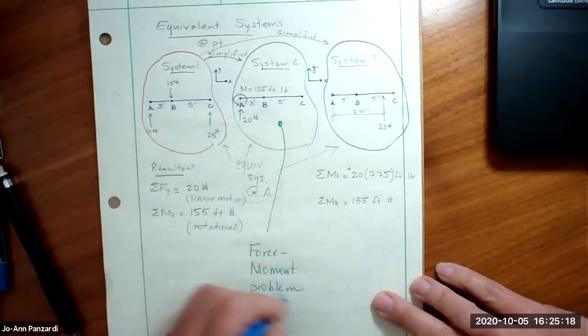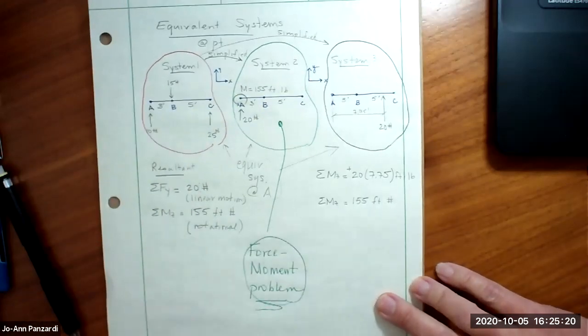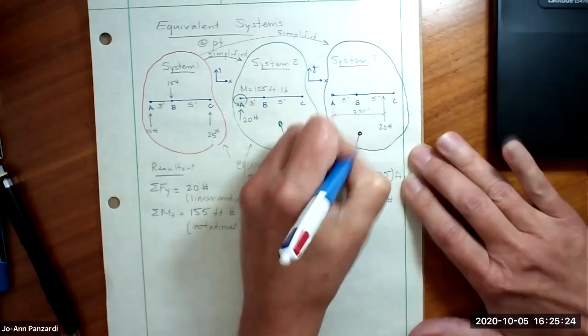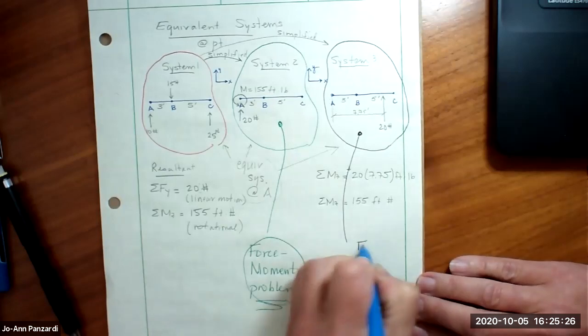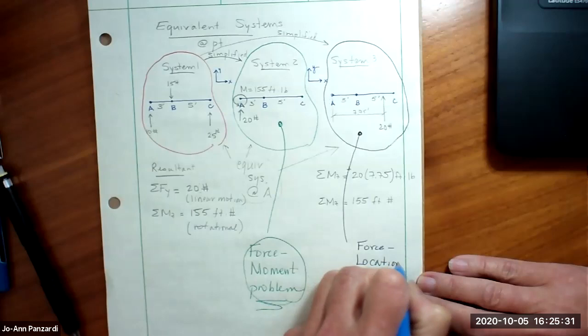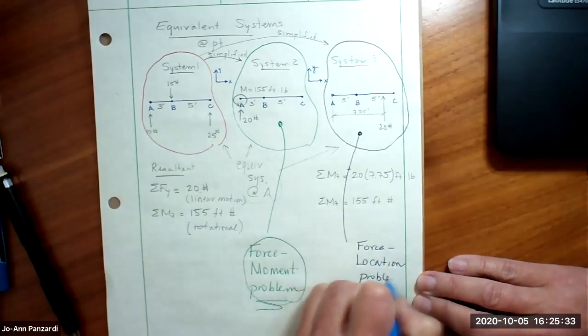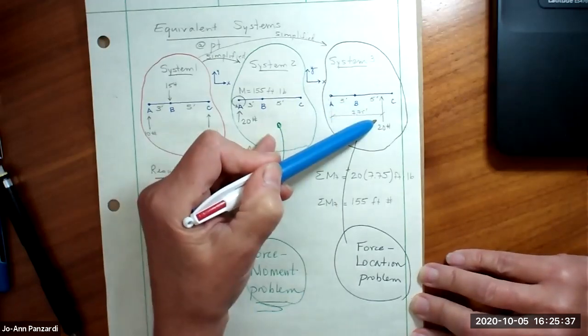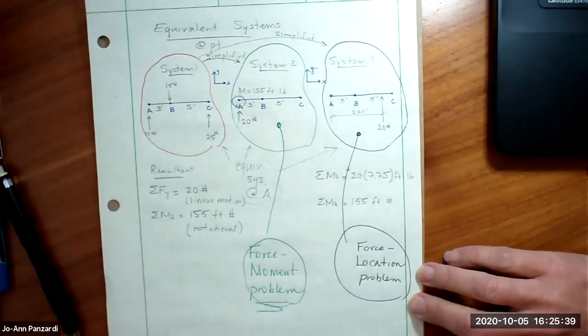It's called a force moment problem. This one, as you probably could expect, is not called a force moment problem, but it's called a force location problem. Because it's showing a force at a certain location that is equivalent to the complex system.